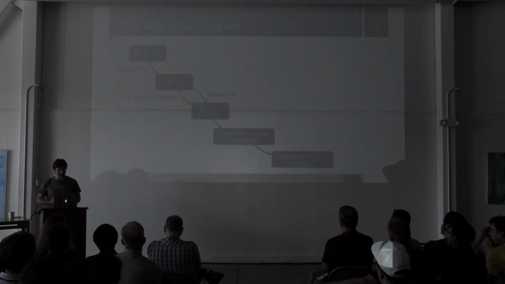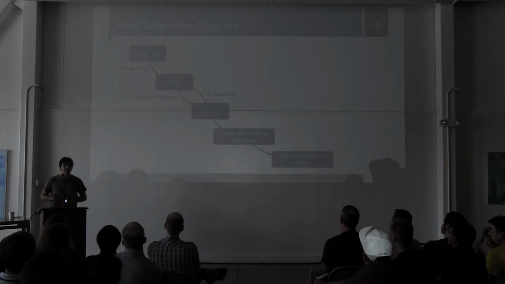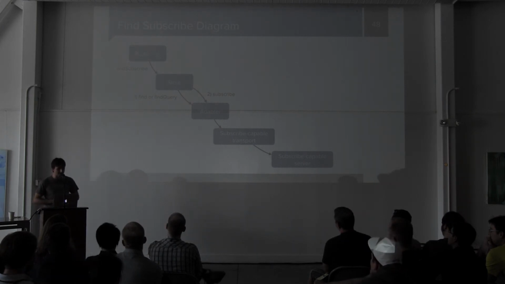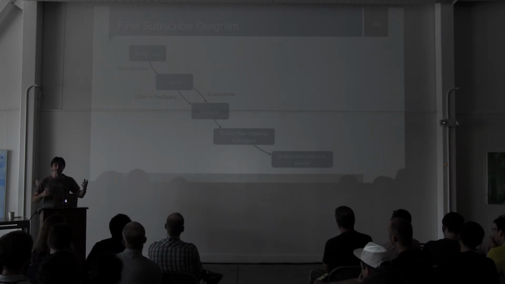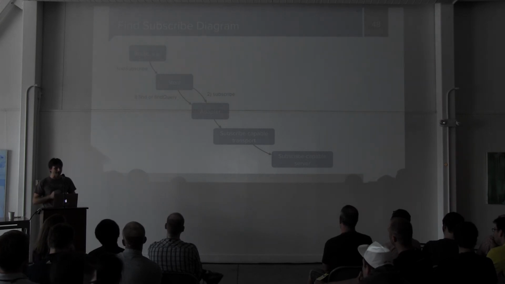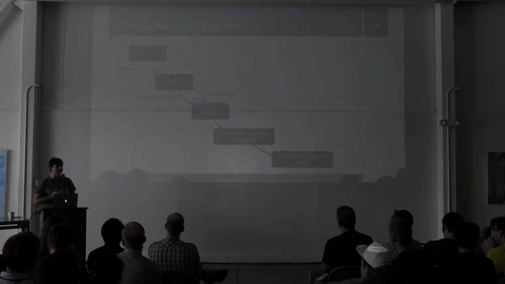So here's the basic idea. In a route, instead of calling find as you typically might, you would call find subscribe. The store would then call find or find query, depending on the kind of thing you're looking up, on the adapter, and then also call subscribe. Subscribe would delegate to some sort of subscribe-capable transport.